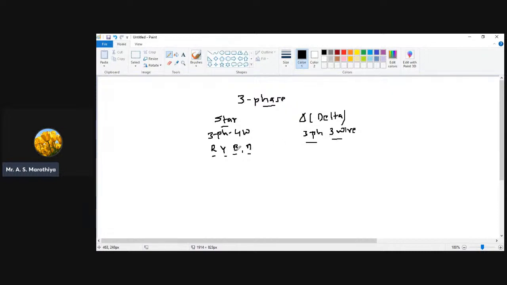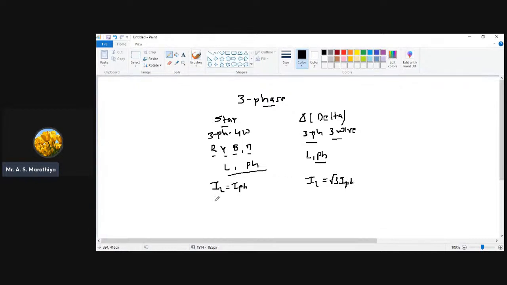And then we also discussed the relationship between line parameter and phase parameter in case of star configuration, and in case of delta. Finally we concluded that in case of star configuration, the line current and phase current are the same, but in case of delta, line current is root 3 times the phase current.